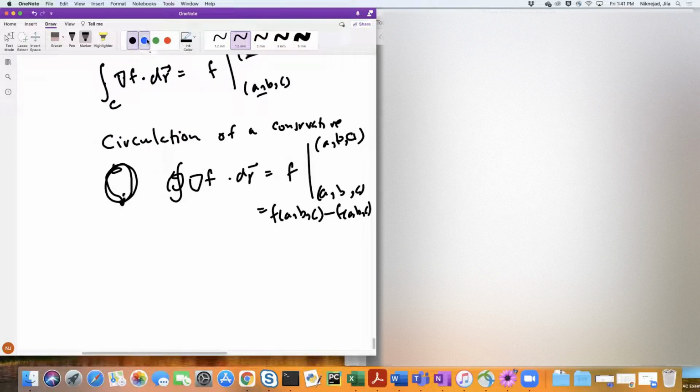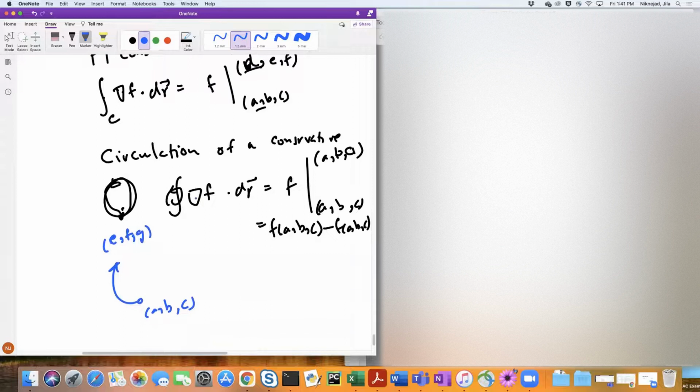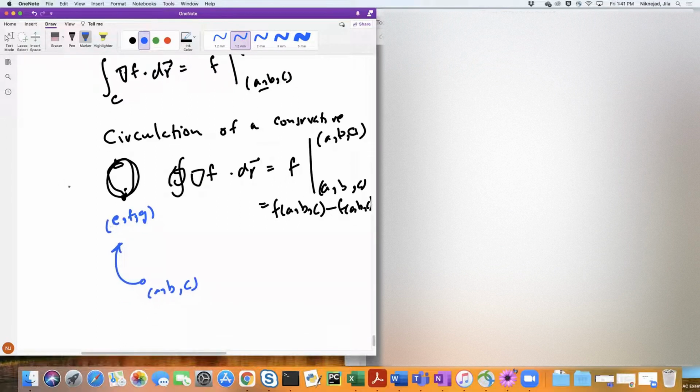And then this helps me also if I have two different ways going from point D to E, F. And then another path like this.